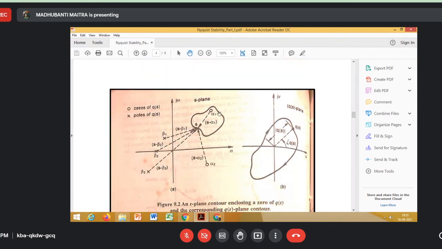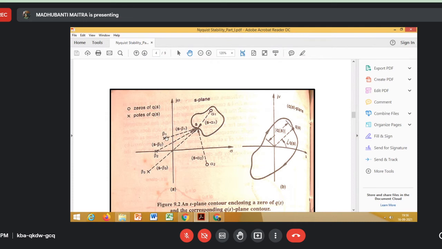So now follow carefully. Follow this cursor. As we move along this S-plane contour, let us consider this particular phasor, S minus beta 1. This phasor will change, just try to follow the cursor.